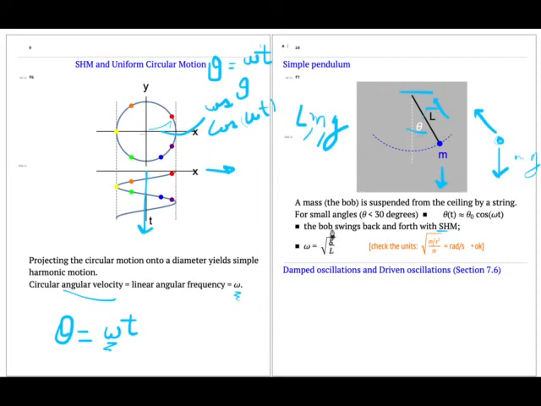And it's proportional to 1 over the square root of the length of the string. So if you have a short pendulum, it'll have a higher frequency of oscillation. A big, long pendulum will have a lower frequency of oscillation.